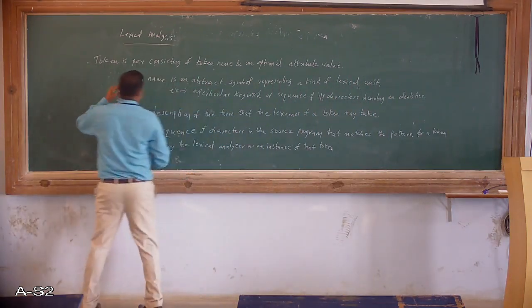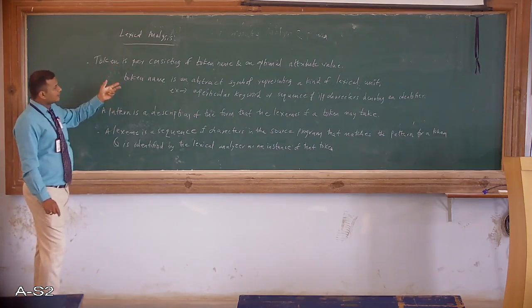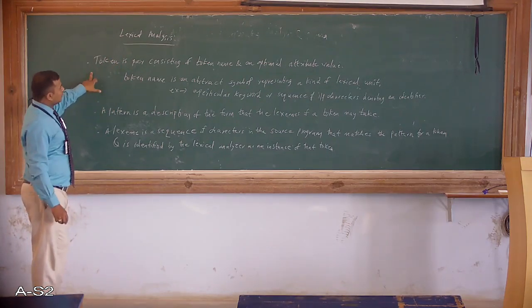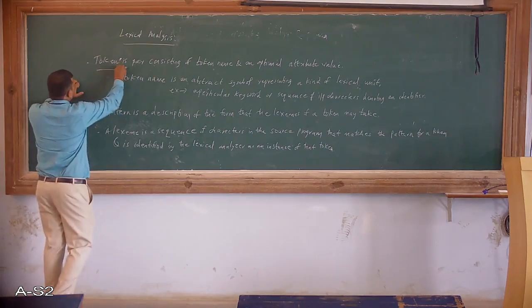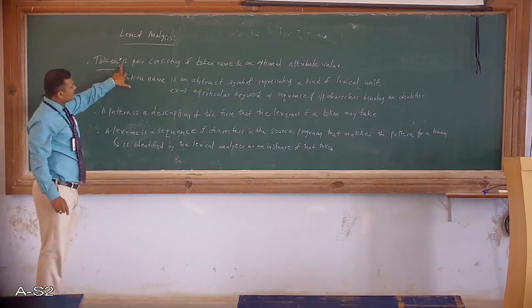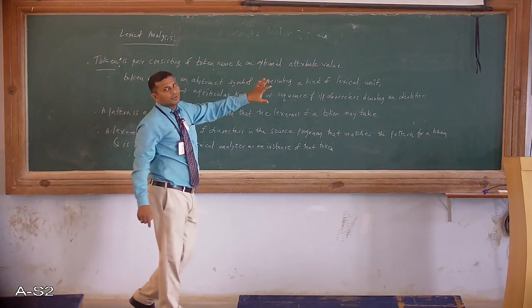The three different terms that we are going to discuss under lexical analysis start with the token. A token is a pair consisting of a token name and an optional attribute value.